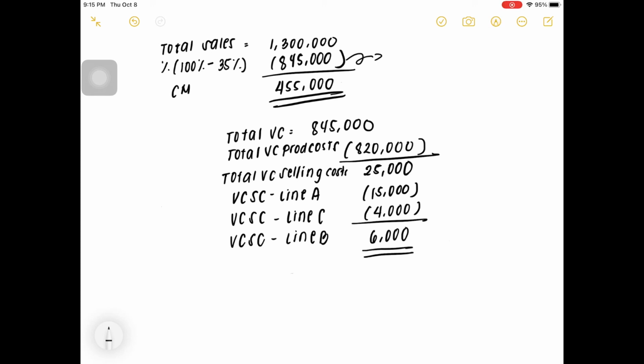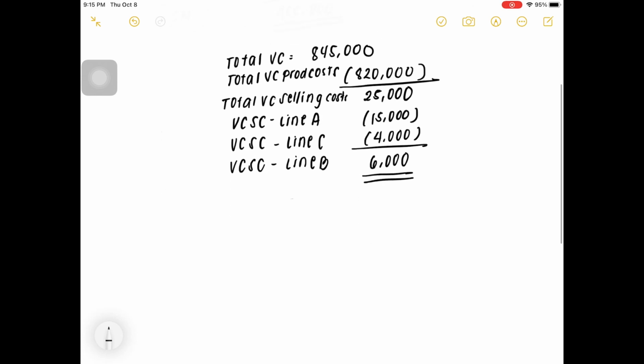So for this, we're going to use algebra to solve for the percentage. So our equation would be 300,000x plus 100,000x is equal to 6,000.